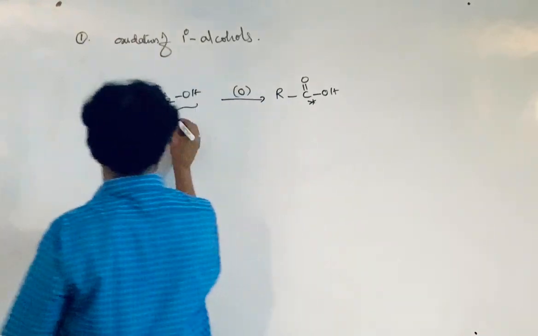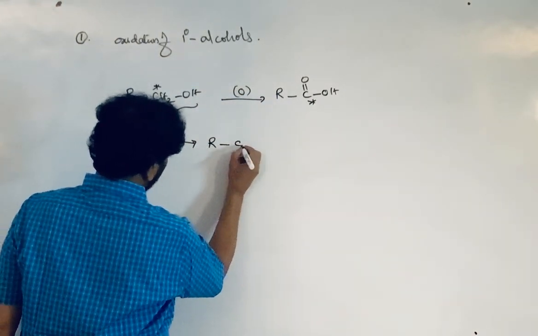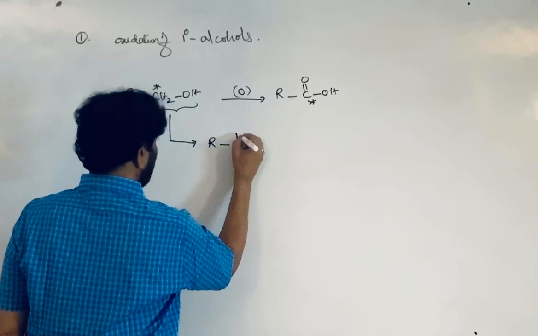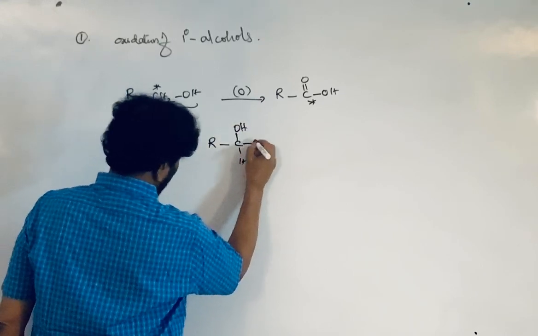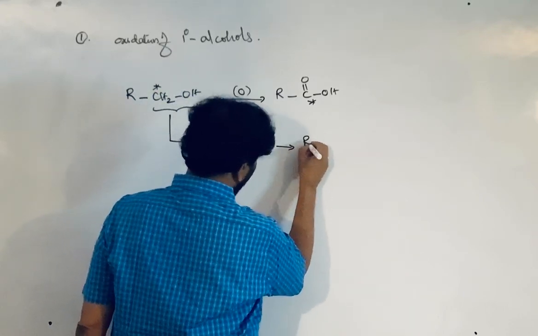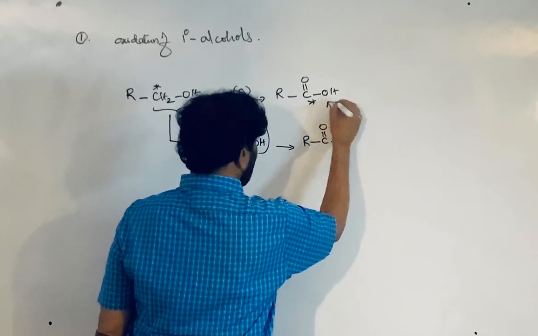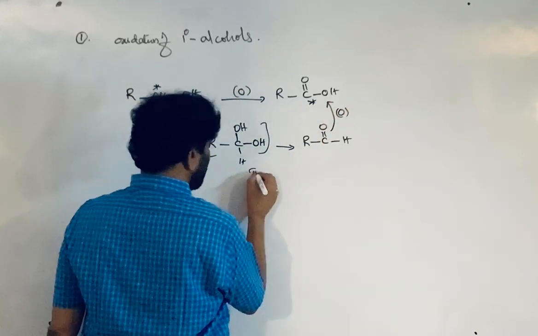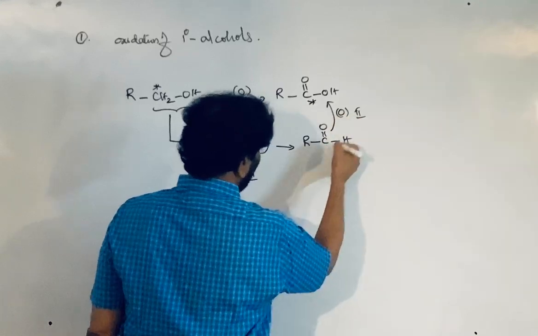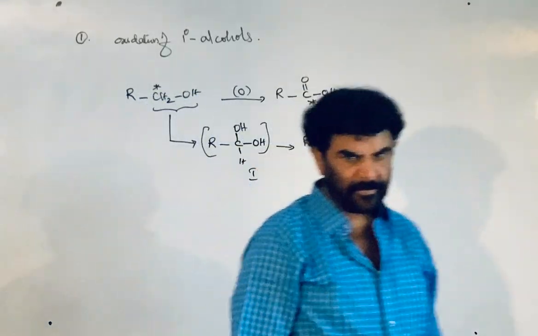During this oxidation procedure, it is converted into the aldehyde first. This is the first step, and the aldehyde further reacts in the second step. Aldehydes are the intermediates that are converted into the carboxylic acids.